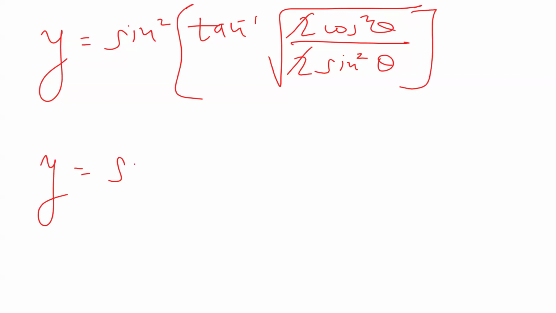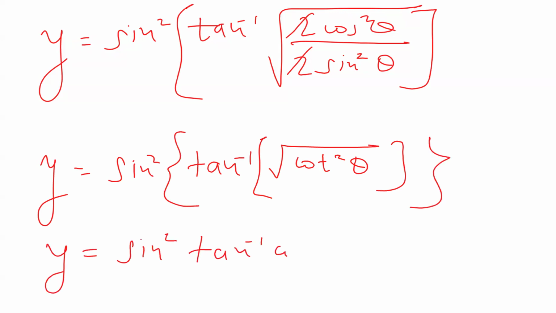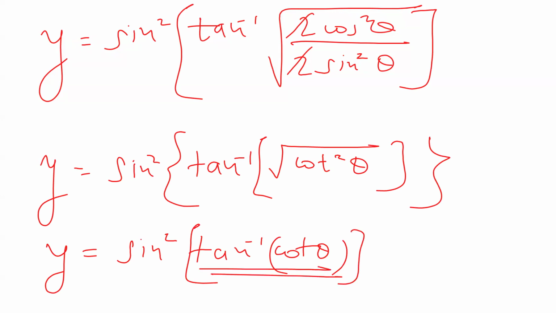So y is equal to sine square tan inverse of root of cot square theta. Okay, so y is equal to sine square tan inverse of cot theta. Now tan and cot occur in pairs, so I will write this cot as tan pi by 2 minus theta.